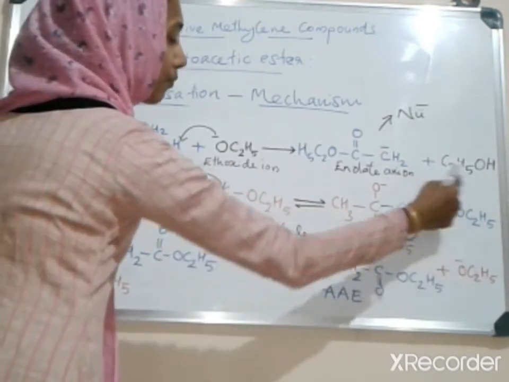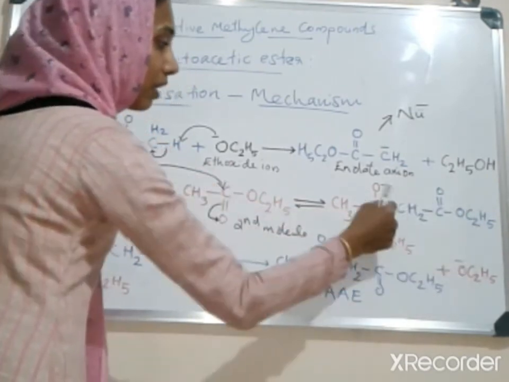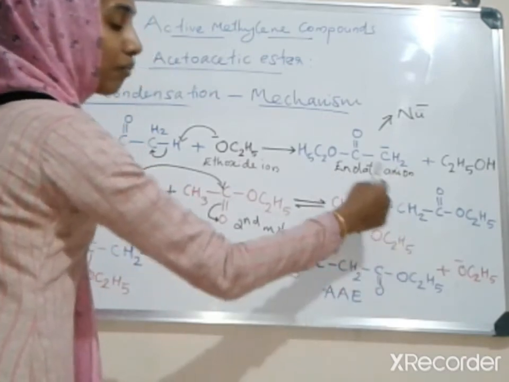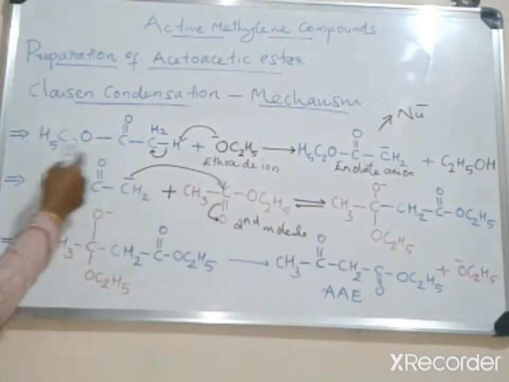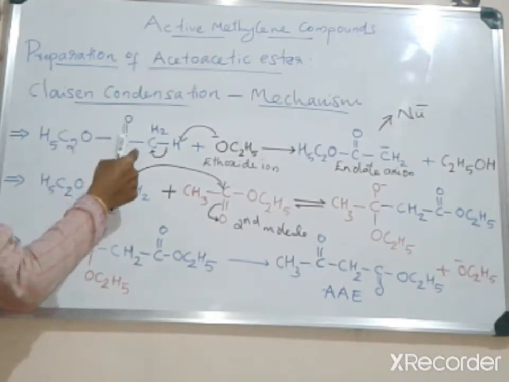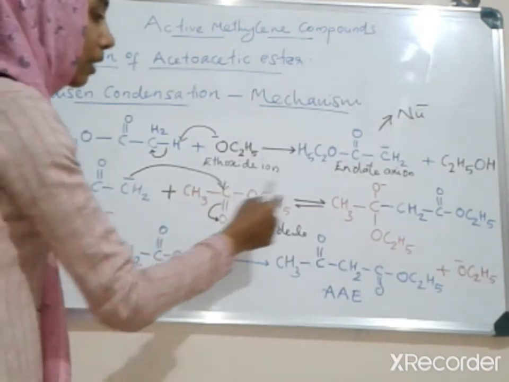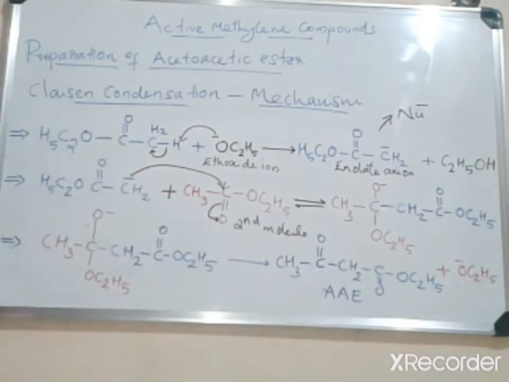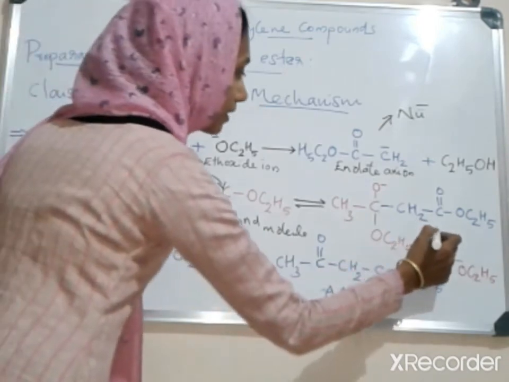This part is from the first molecule of ester, and this part is from the second molecule of ester. That is, the alpha carbon of the first molecule of ester is bonded to the carbonyl carbon of the second ester molecule, giving an intermediate.